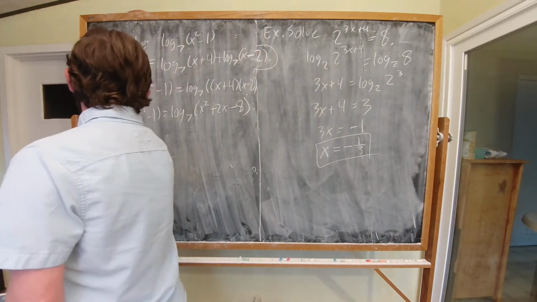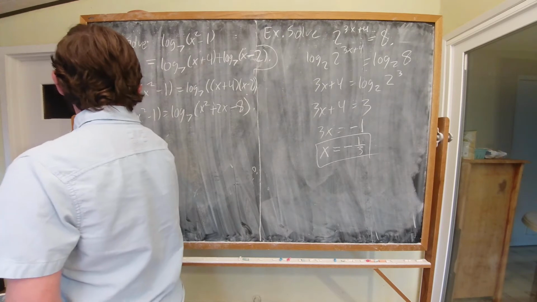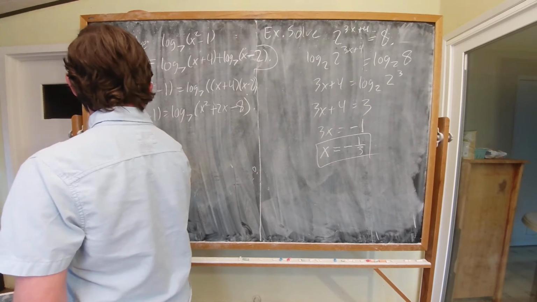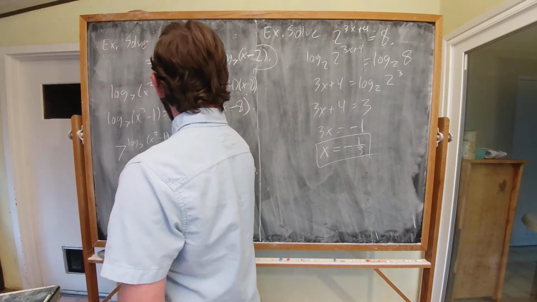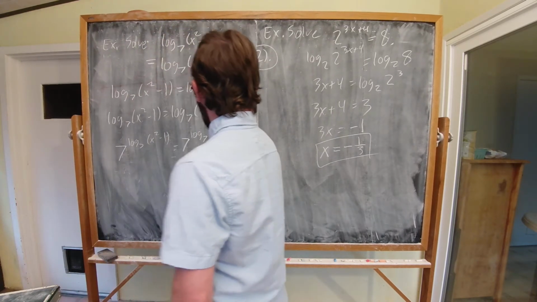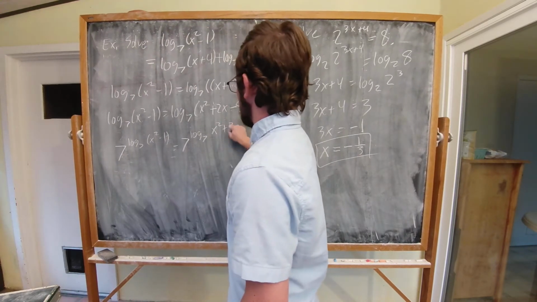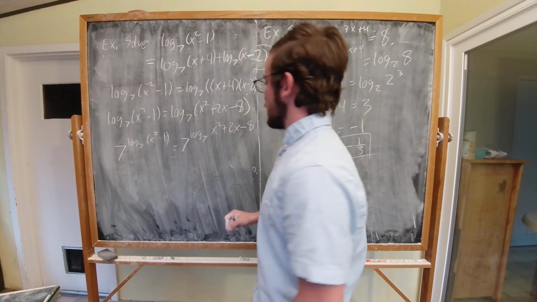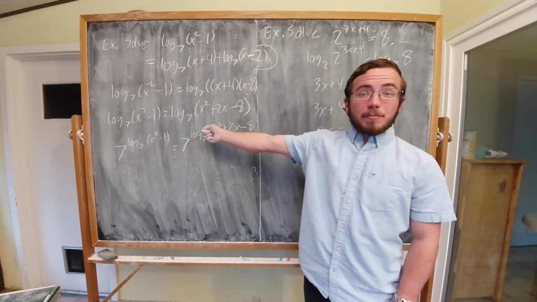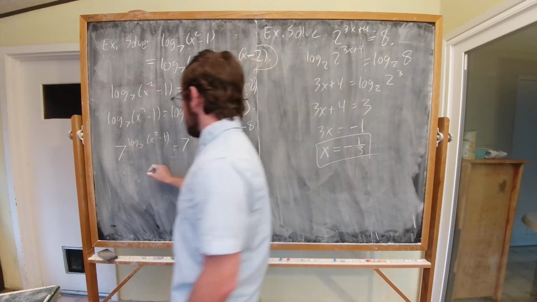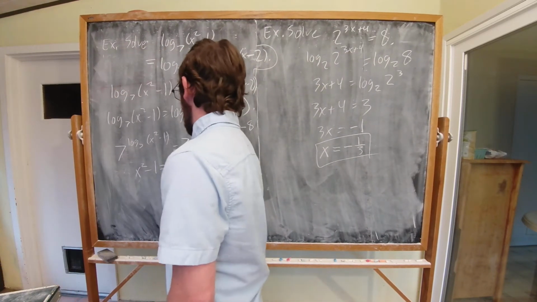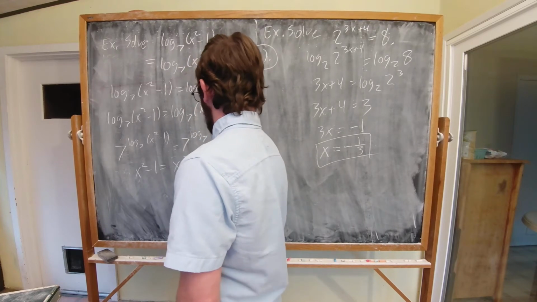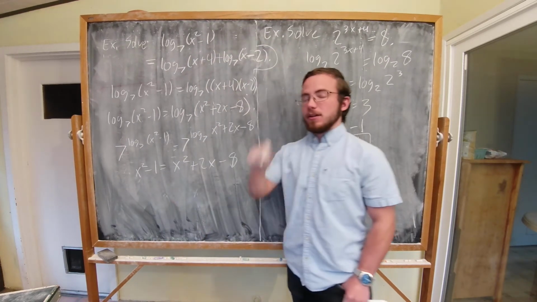So we're going to note that 7 to the log base 7 of x squared minus 1 is equal to 7 to the log base 7 of x squared plus 2x minus 8. The 7 and the log base 7 cancel out, and we're just left with x squared minus 1 is equal to x squared plus 2x minus 8.